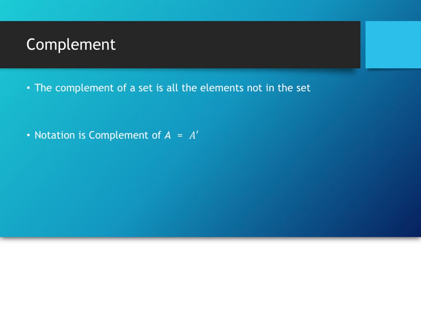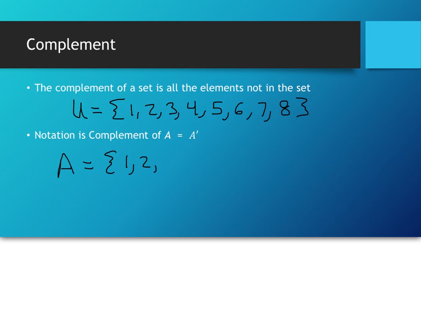So for instance, if my universe is the numbers 1 through 8, and I have the set A, which is 1, 2, and 3, then the complement of A, which we're going to denote as A with a slash, sometimes I'll call that A prime, is everything in the universe that's not in A. So the complement is going to include 4, 5, 6, 7, and 8.